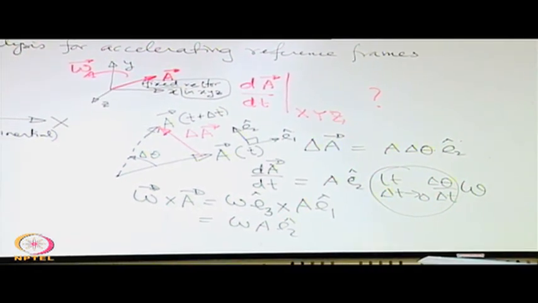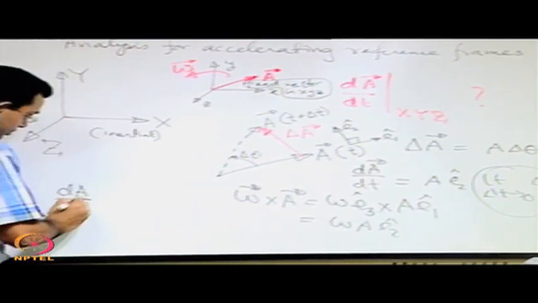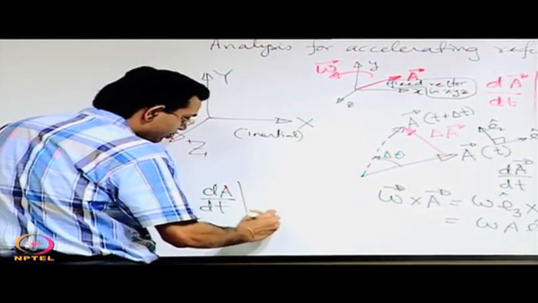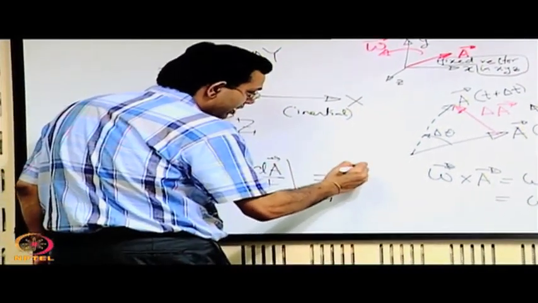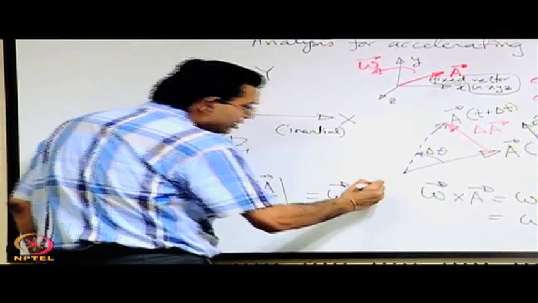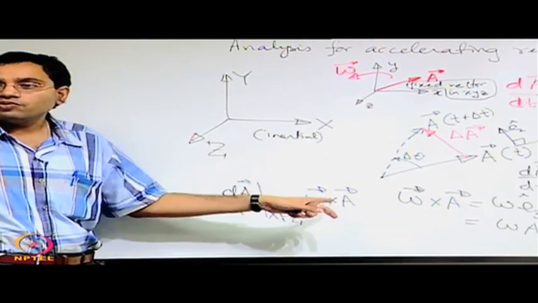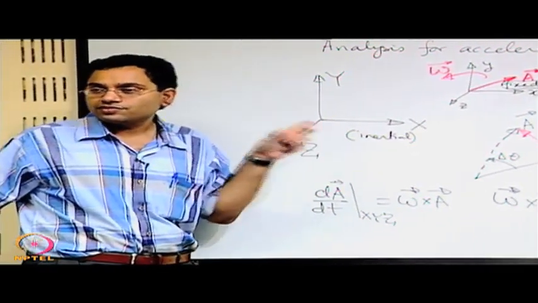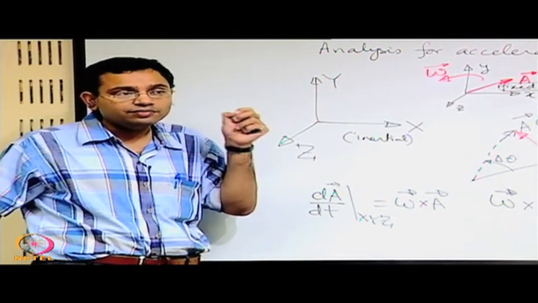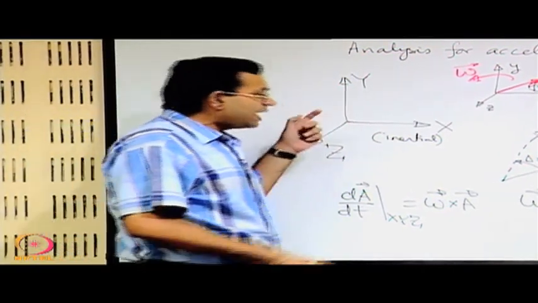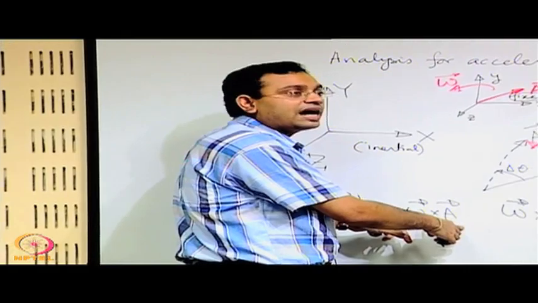So, you can write that dA dt in capital XYZ is equal to omega cross A, but this is only for a vector A which is fixed in the small xyz reference frame. If it is moving in a small xyz reference frame, then that velocity also has to be added with this.